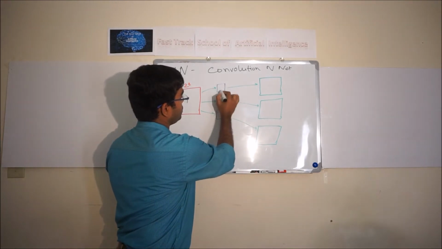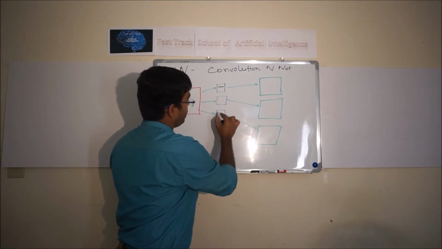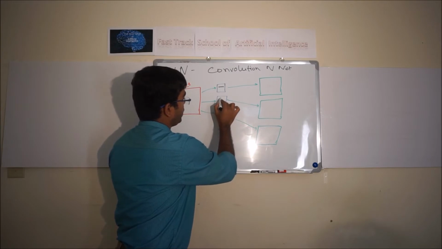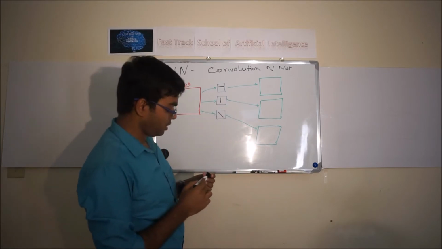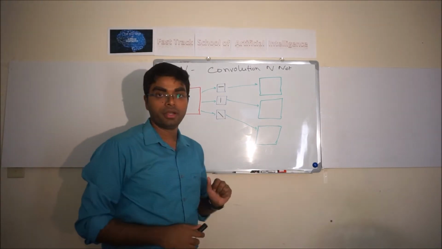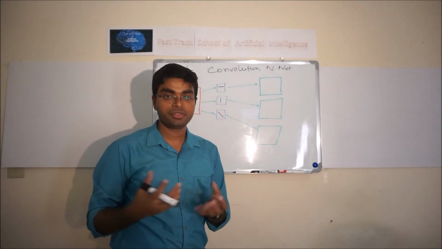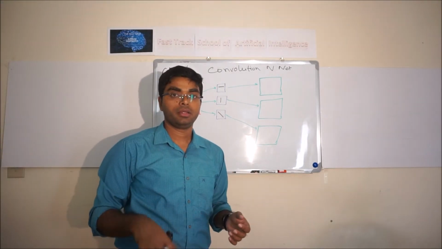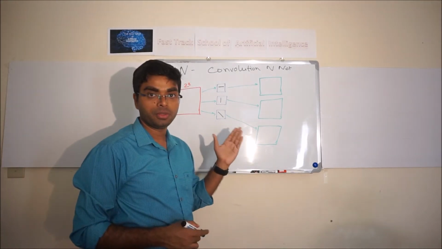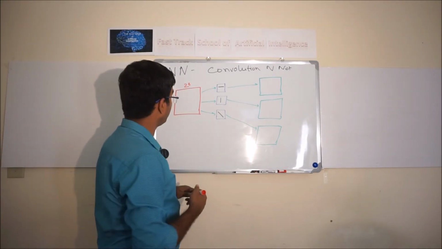For example, the first filter will try to learn something like this, the third filter will try to learn something like this, and the second filter will try to learn something like this. Okay, so it can have many similar filters or kernels. Normally we check counts like 8, 16, 32, 64, powers of 2. This sort of count is used for convolution neurons.